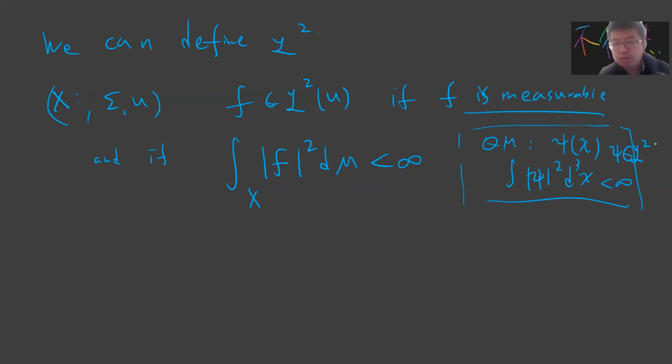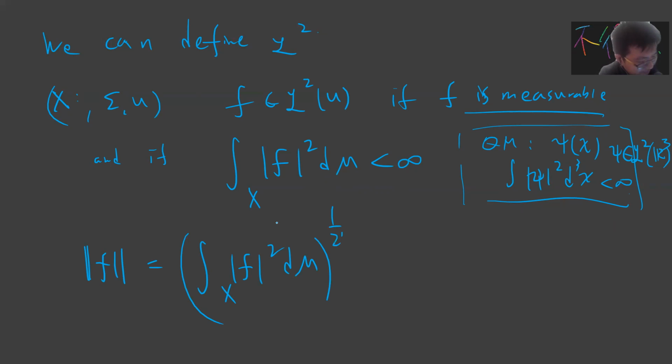In one dimension it is R, in three dimensions R cubed. This L2 has some nice properties that are very, very powerful. Then you can define the norm of f to be the integral of f squared d mu on X, to the power of a half. This is called the L2 norm.